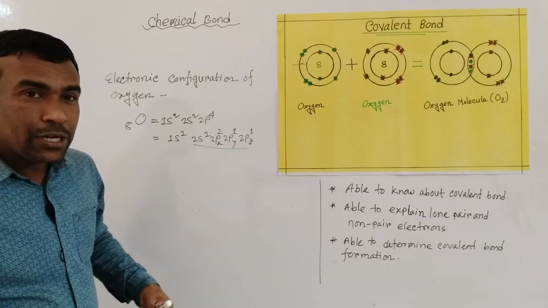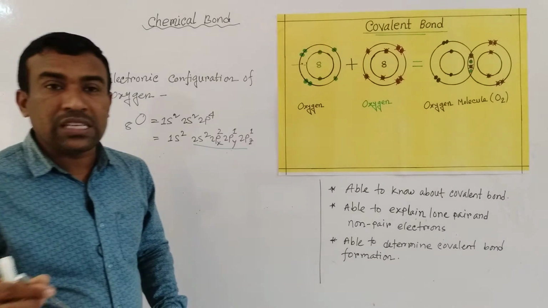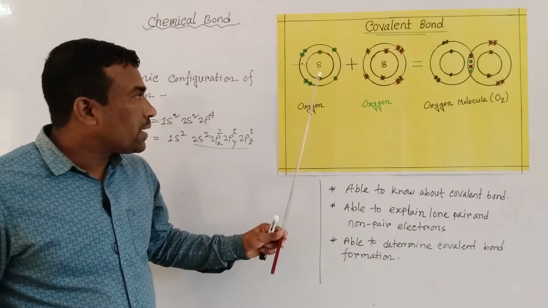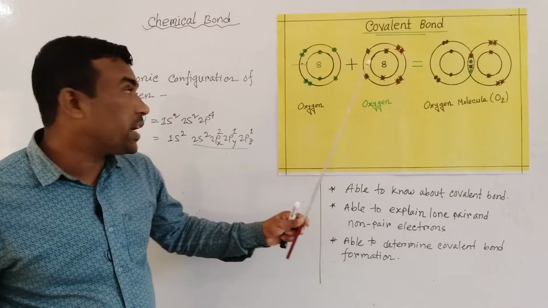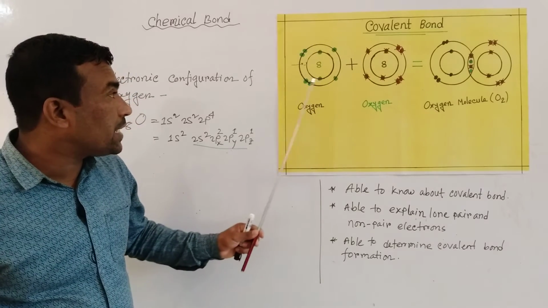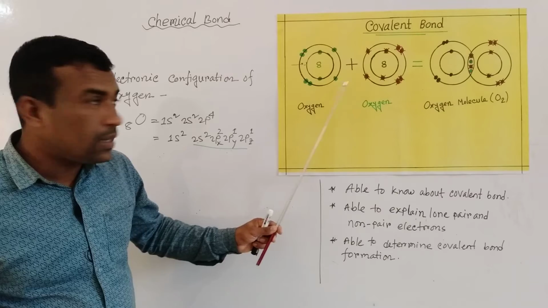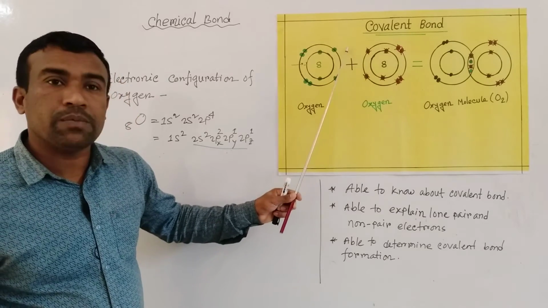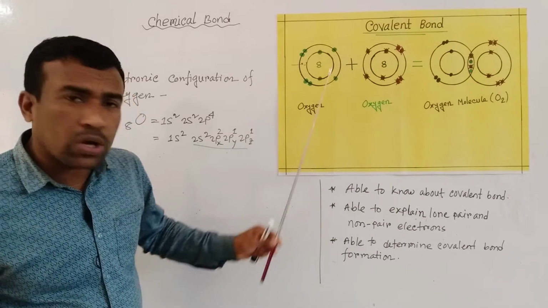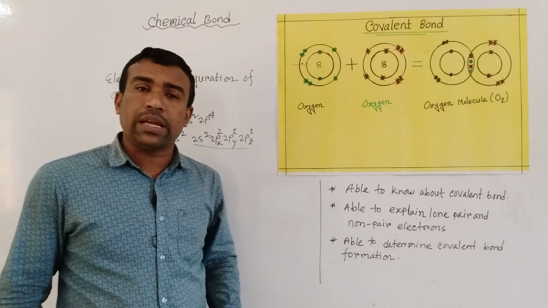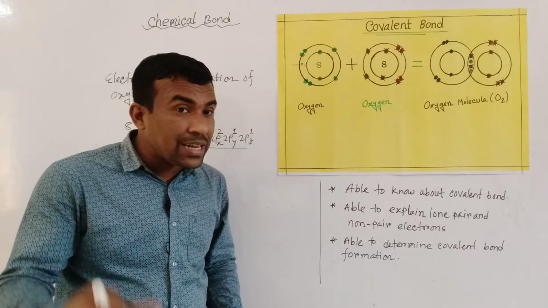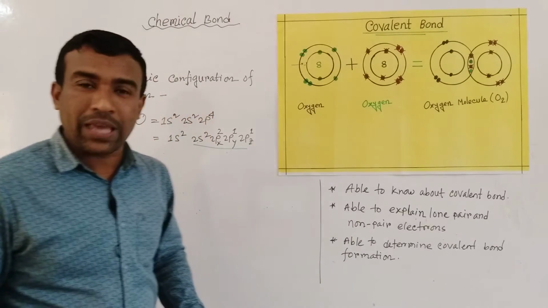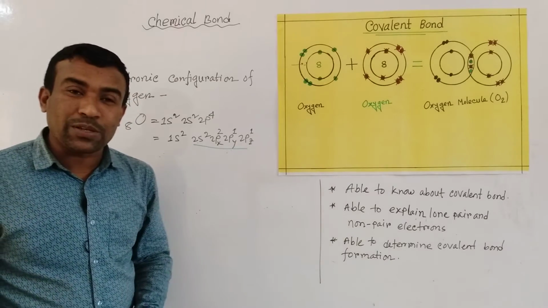So when 2 oxygen atoms come near each other, we get from the electronic configuration that each has 2 non-pair electrons. But both oxygen atoms have a tendency to acquire the electronic configuration of their nearest inert gas, like neon. The nearest inert gas of oxygen is neon.